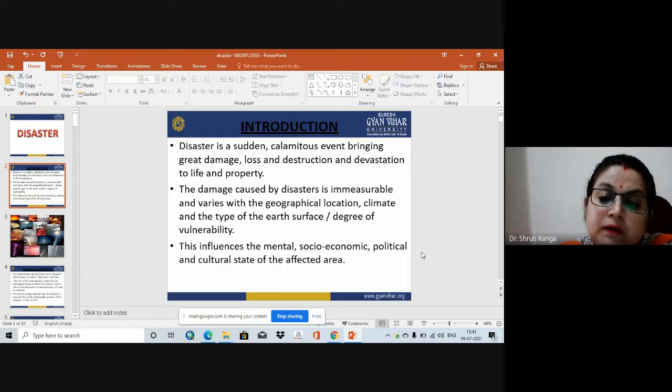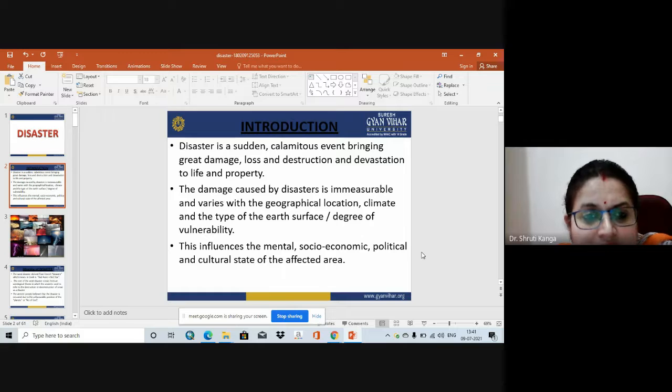If you remember, there was a disaster due to a landslide in Mandi, I think in 2017 or somewhere around that. Hundreds of people, around two buses, got struck in that landslide. It was so big that of those two buses, nothing was found.